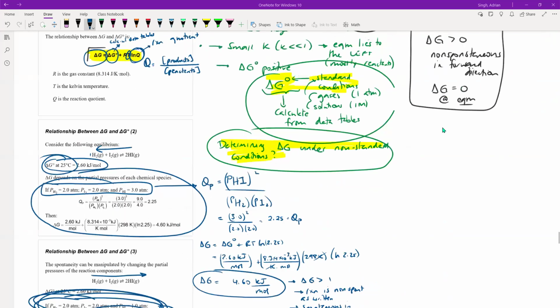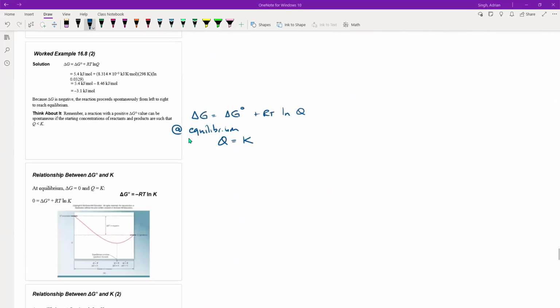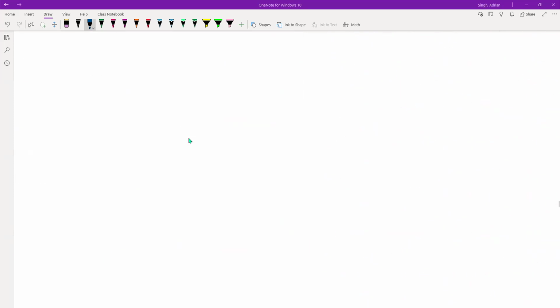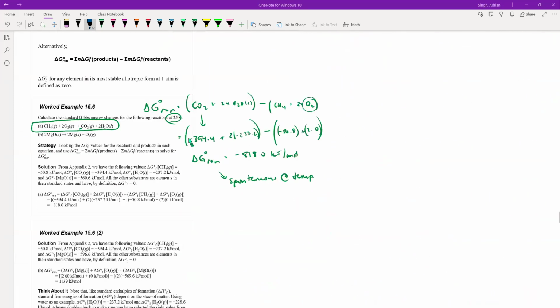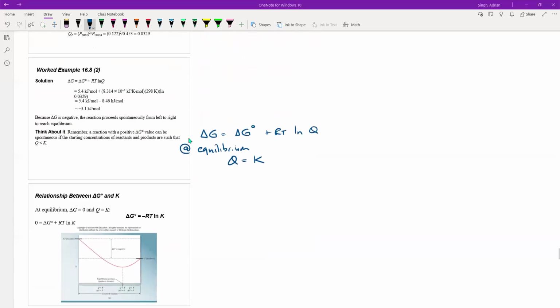So by incorporating those equilibrium principles, we can simplify our equation.